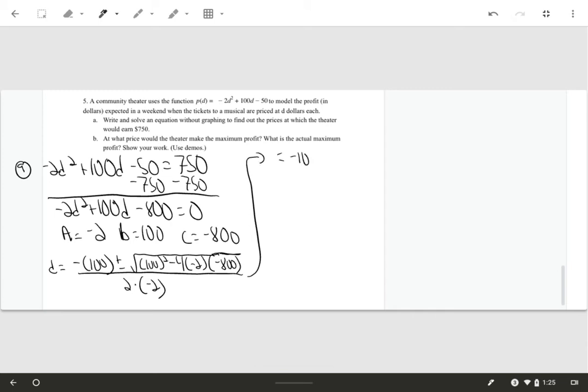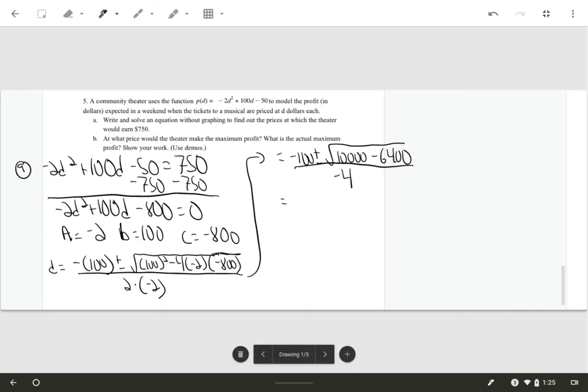That will give me negative 100 plus or minus the square root of 100 squared, which is 10,000, and then negative 4 times negative 2 times negative 800, which is minus 6,400, divided by 2 times negative 2, which is negative 4.